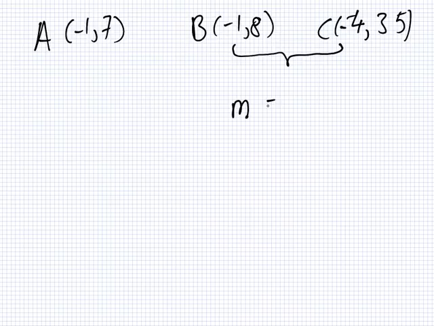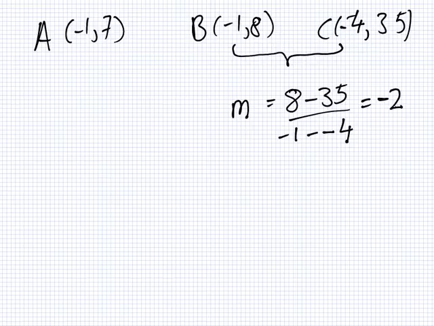So we'll have 8 minus 35 over minus 1 minus 4, which is plus. So that's minus 27. And then this will be 3. So m is minus 9.